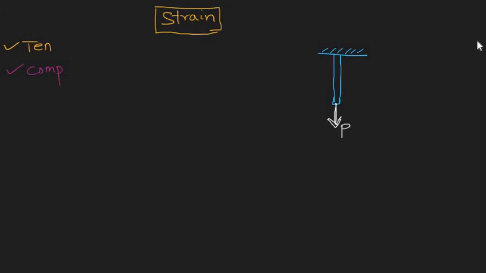Well, the first result was that it will stretch. If we consider that this bar is composed of an infinite number of longitudinal fibers like this, each fiber tends to stretch. So what will happen if you remove this load?